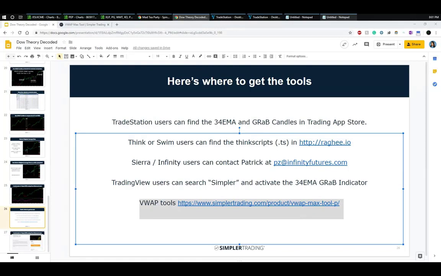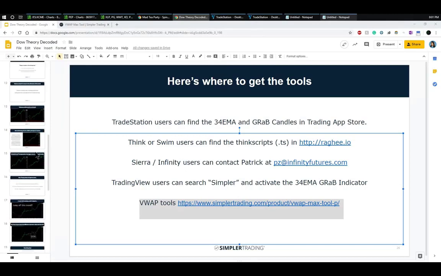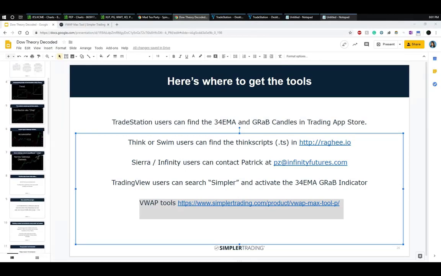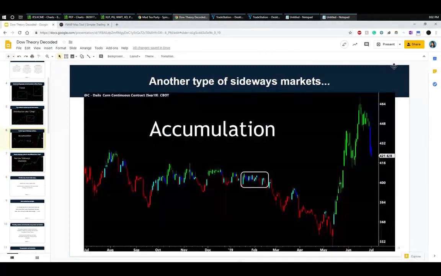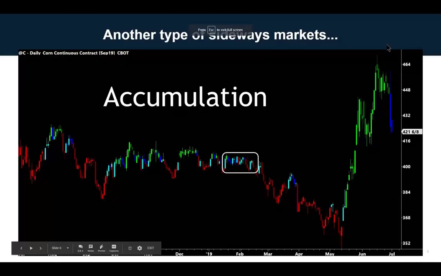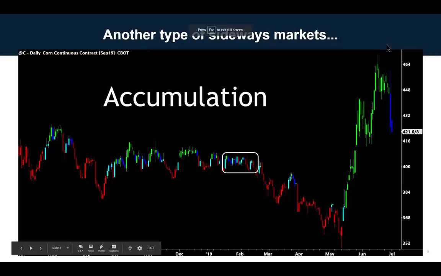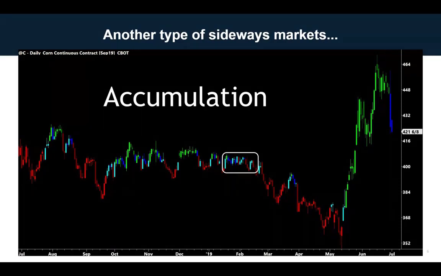Mark, can the grab candles be used with the Squeeze Pro? Mark, it depends. Just the Squeeze Pro, yes. In fact, let me show you what I would recommend if you're a fan of the Squeeze. I would absolutely recommend that you focus on when you see those blue grab candles. Now, if you're using the early in and out, I would just tell you to use a separate chart, because early in and out color codes the candles.